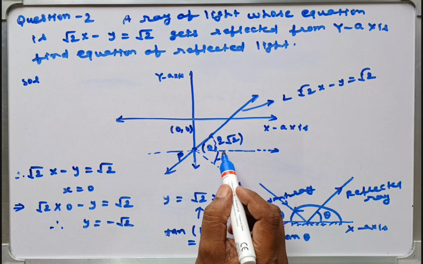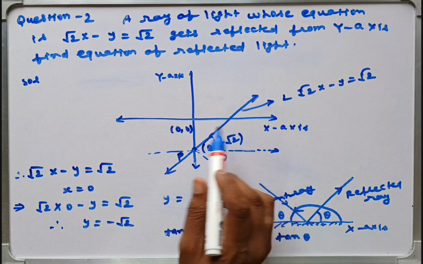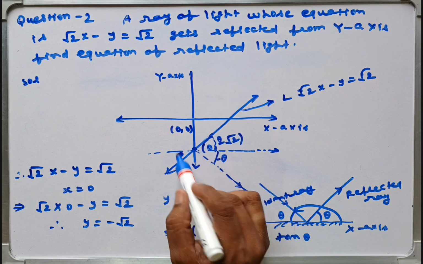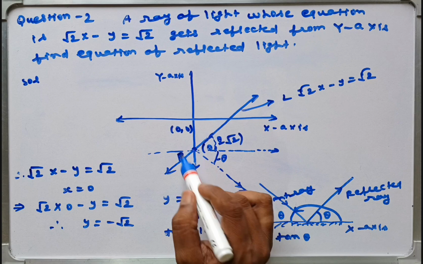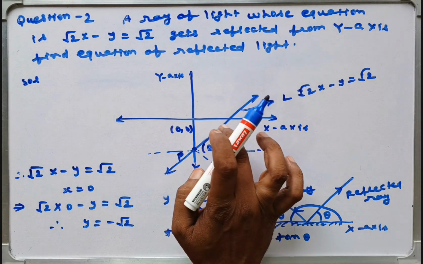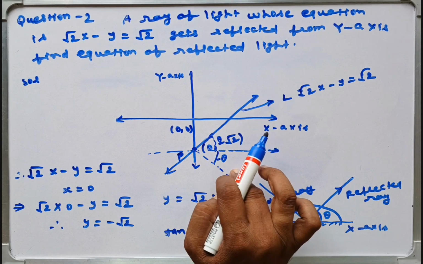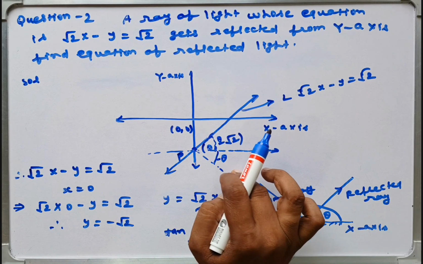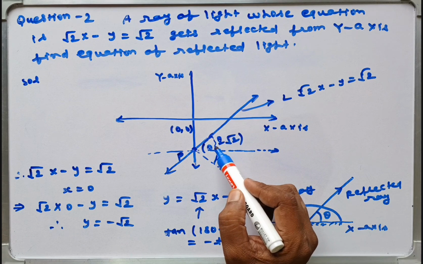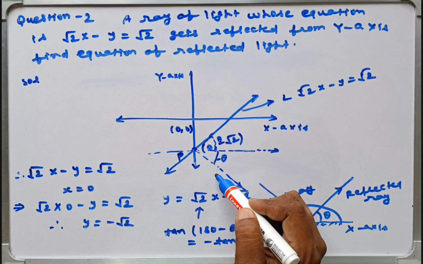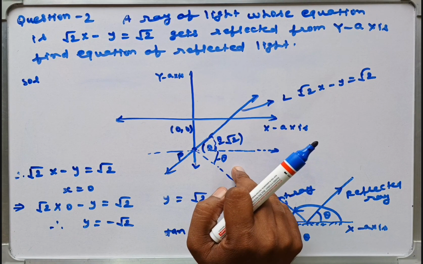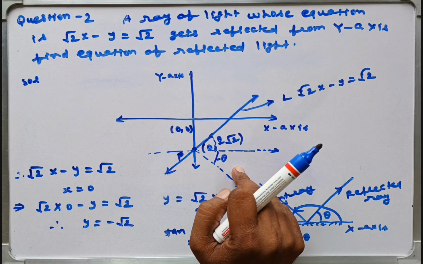If we consider this as a quadrant, this ray is falling in the first quadrant and this is coming in the fourth quadrant, and in the first quadrant tan theta is positive, and in the fourth quadrant tan theta is negative.